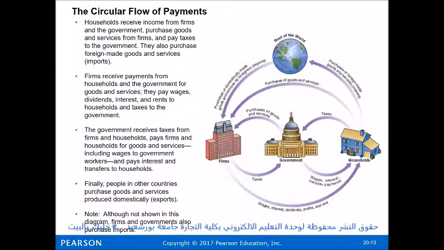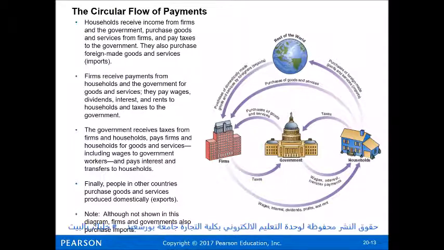They also purchase foreign-made goods and services, which we call imports. Firms receive payments from households and the government for goods and services, and they pay wages, dividends, interest, and rents to households and taxes to the government.